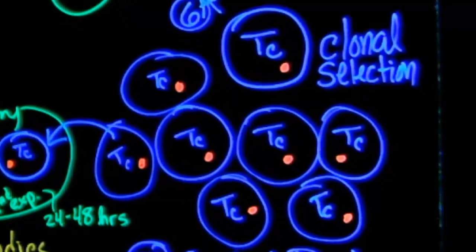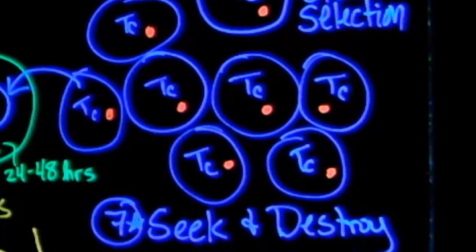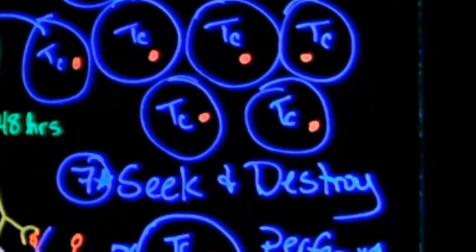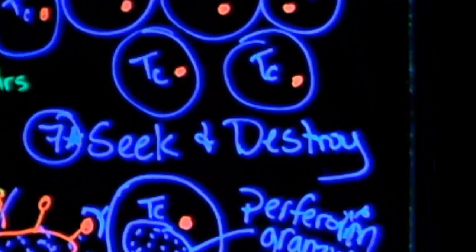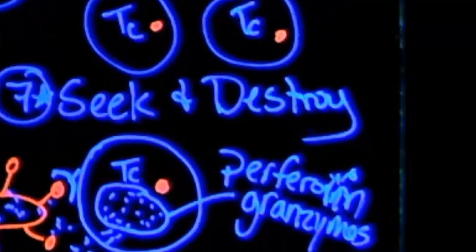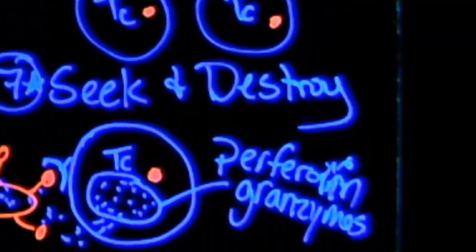From there, those clonally selected, increased numbers of cytotoxic T cells with knowledge about the red ball antigen are going to go into step 7, the seek and destroy phase. Remember, these are sometimes referred to as the effector T cells because they get their hands dirty.